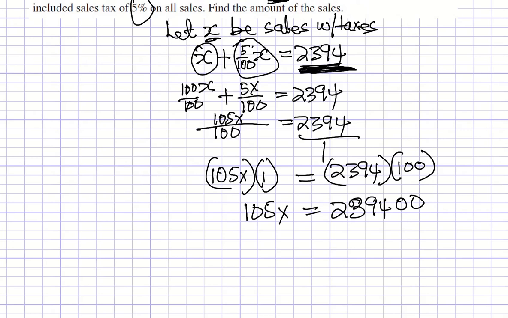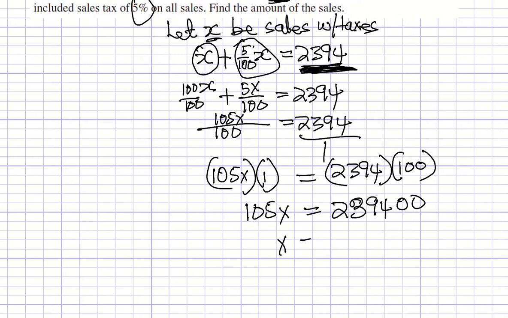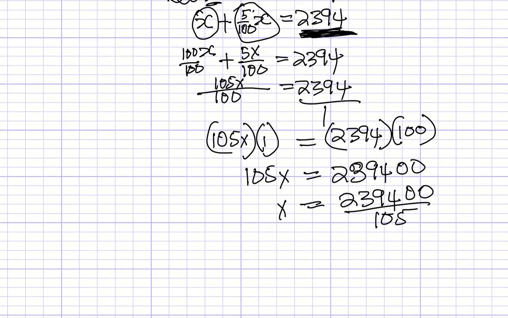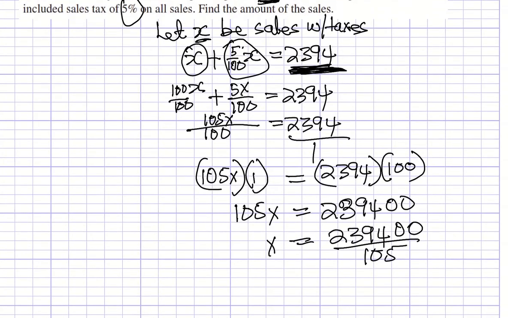That's all. Okay, so you say x equals 239400 divided by 105. That's all we're looking for. Because x is the sales without taxes. Okay.